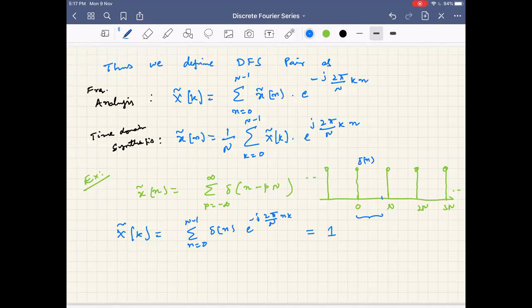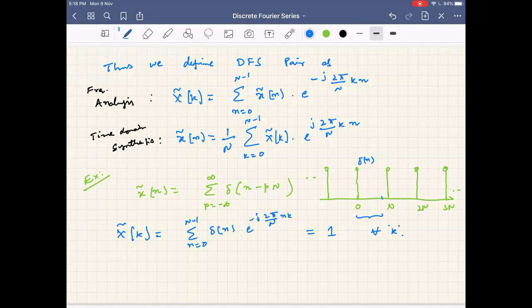However, if you want to represent this signal, x of k is equal to 1 for all k, right?